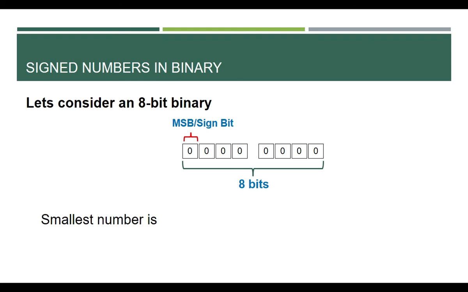The smallest number that we can produce in an 8-bit signed binary is 11111111. And as you can see, we have a red color of binary showing that this number is negative. So this means that this is negative 127.